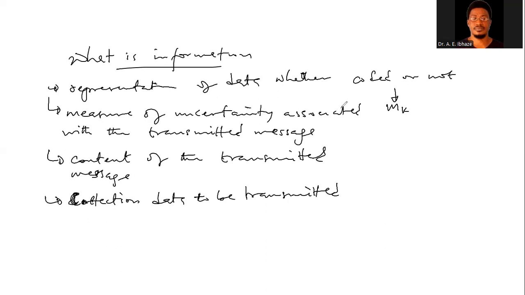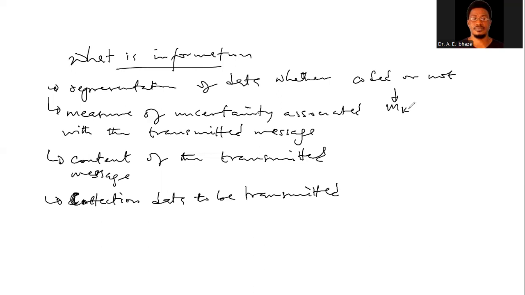We have it as the representation of data, whether coded or not. Then we have it again as the measure of uncertainty associated with the transmitted message. Then we also have it as content of the transmitted message. This is pretty smart because we said the information is contained in the message. So it's the content of the transmitted message.